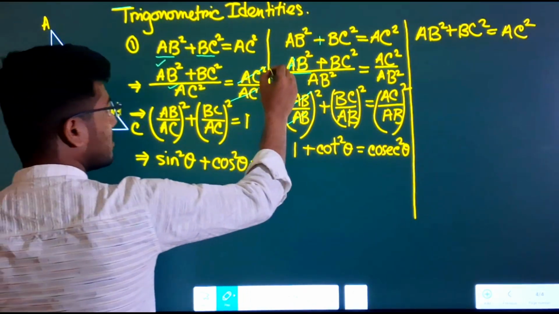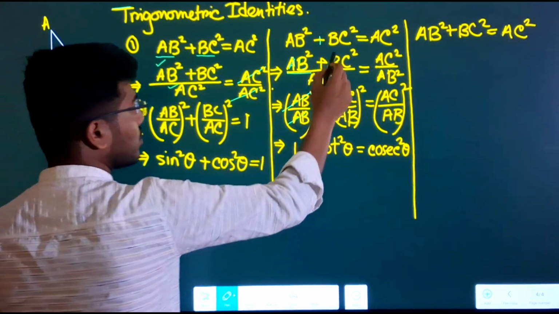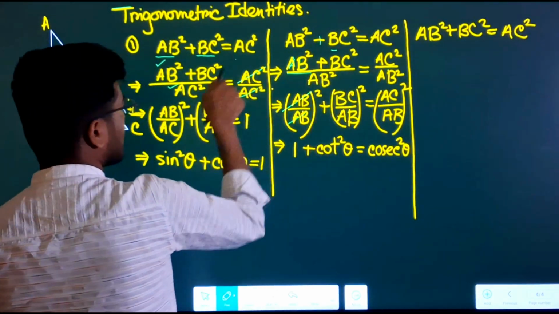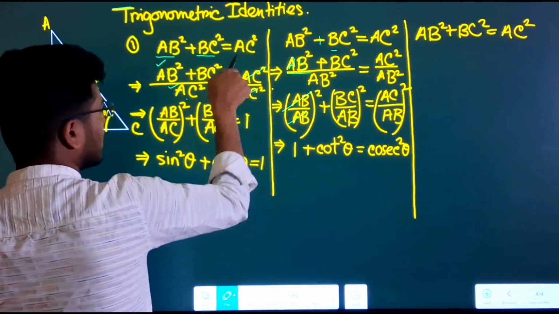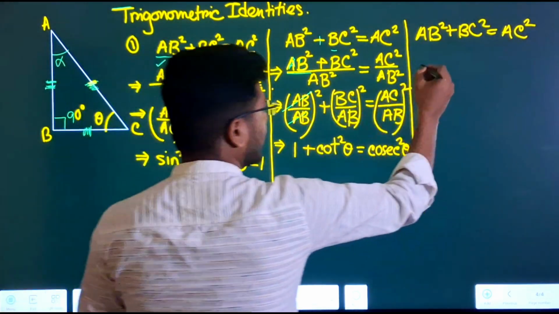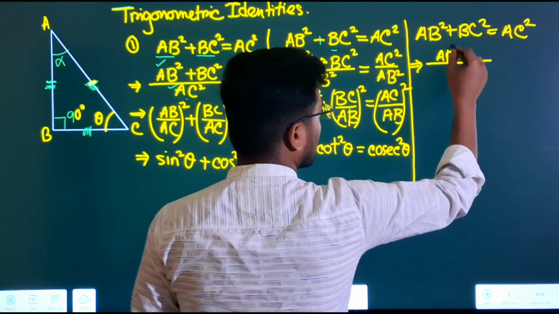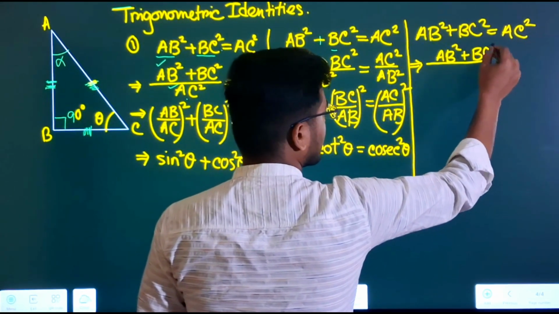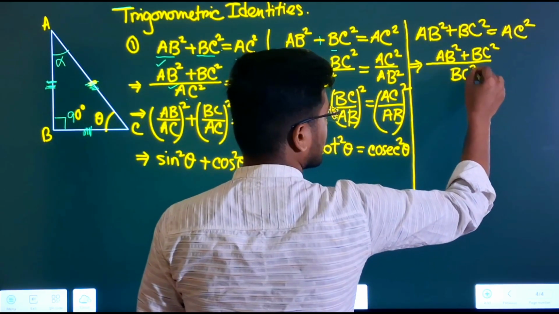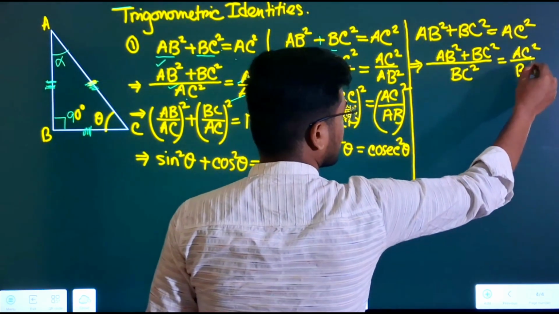So what is the next trigonometric identity? To find it, at first I divided both terms by AC square, the second time by AB square, and the third time I divide both terms by BC square. So AB square plus BC square divided by BC square equals to AC square divided by BC square.